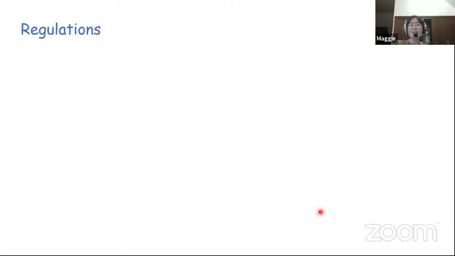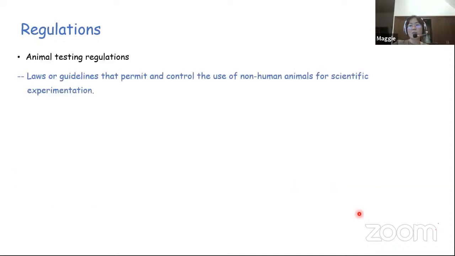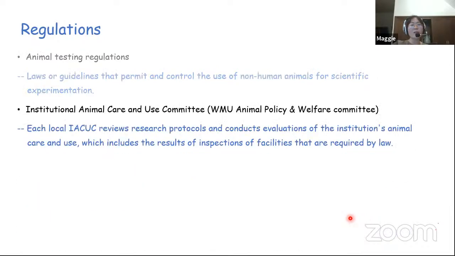Okay. And then when we talk about animal studies, there are some regulations. Animal testing regulations means laws or guidelines that permit or control the use of non-human animals for scientific experimentation. Usually, every institute or every university will have a committee to regulate the use of animal testing.